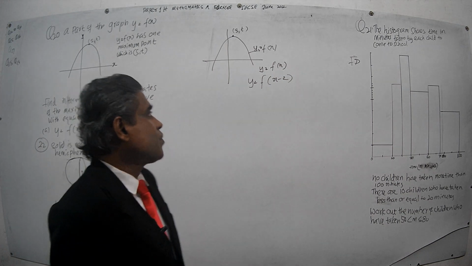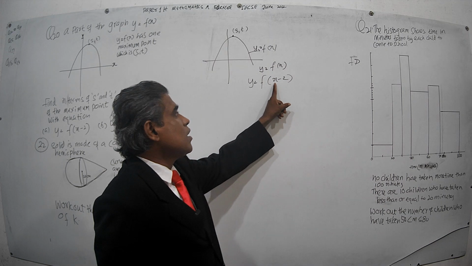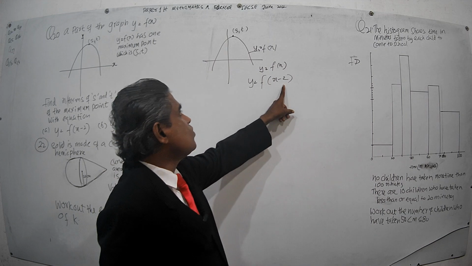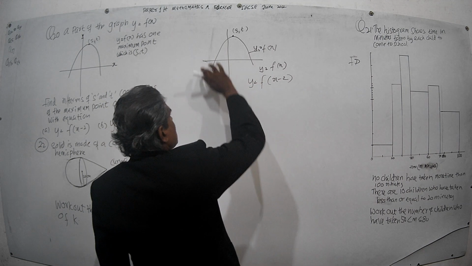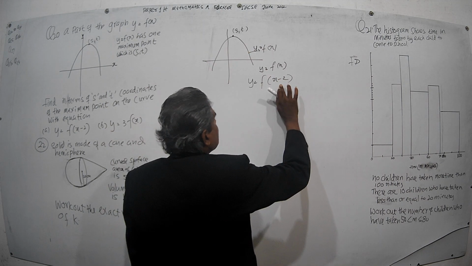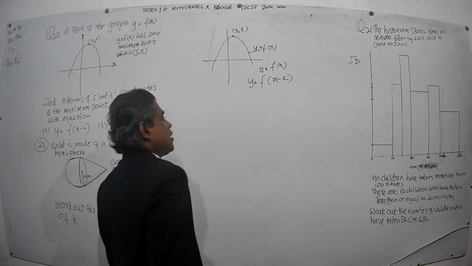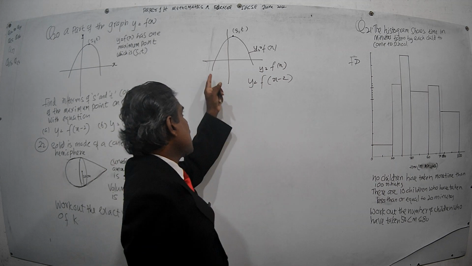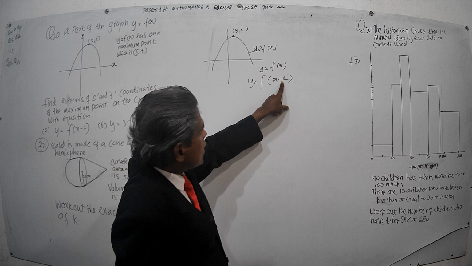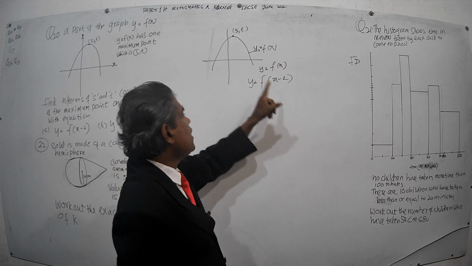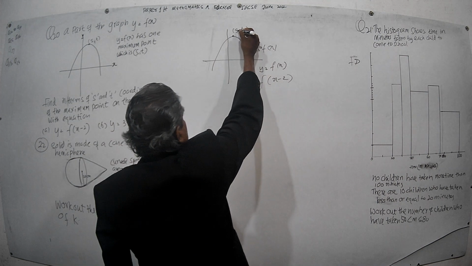Though it is minus 2, every x coordinate of this graph will increase by 2 to become the graph of y equals f(x minus 2). So this x is also increased by 2.